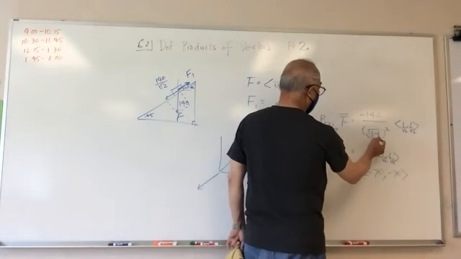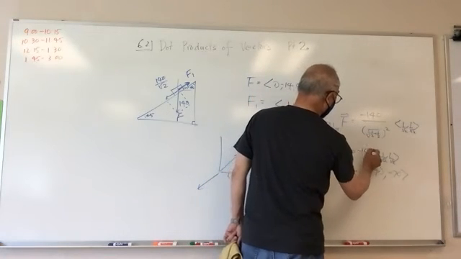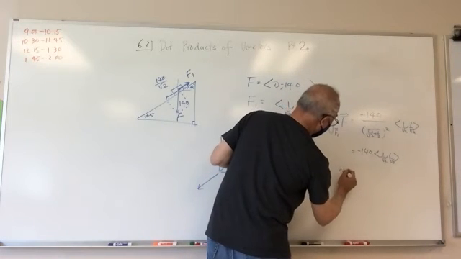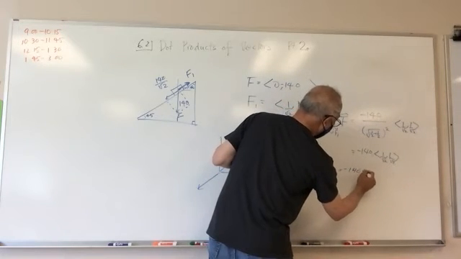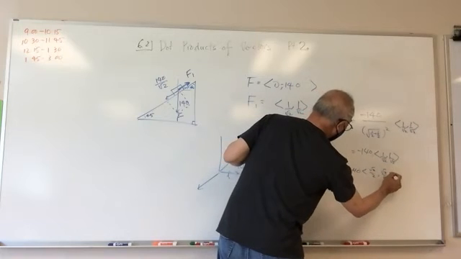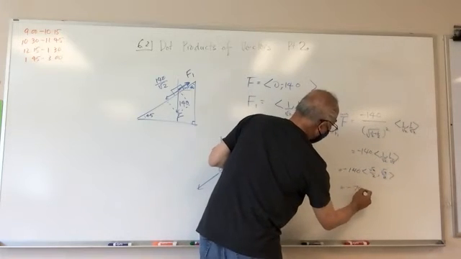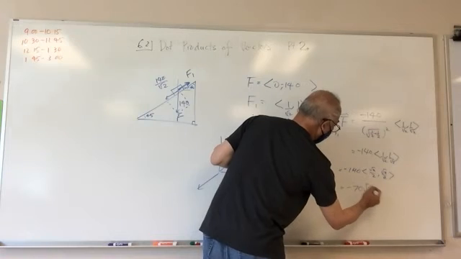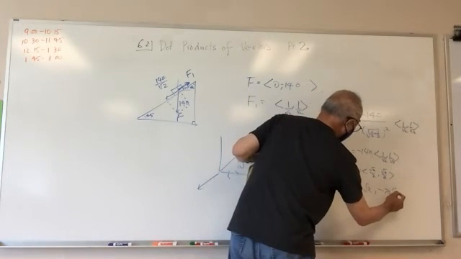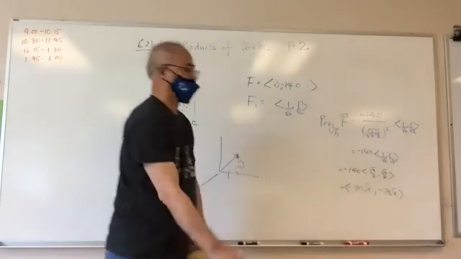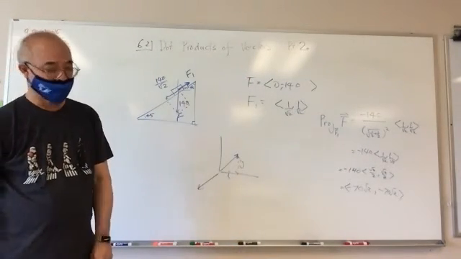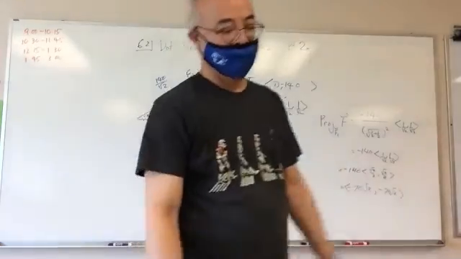This would be 1, negative 140, which is negative 140, root 2 over 2, root 2 over 2, negative 70 root 2. Okay? We good? I hope we're kind of good there.